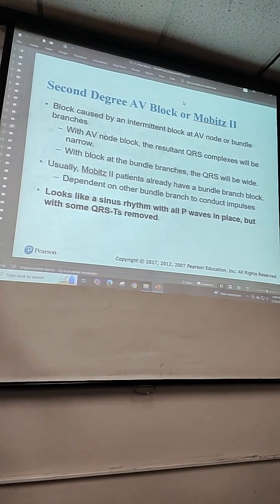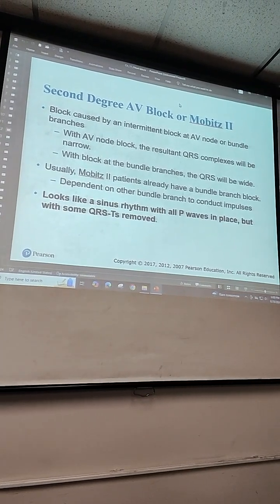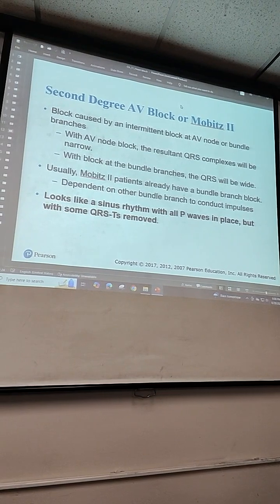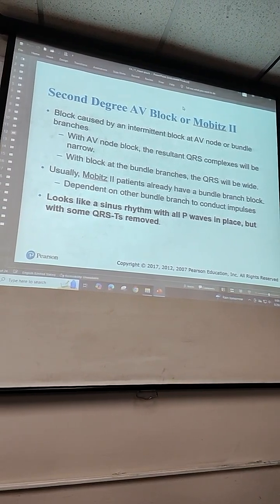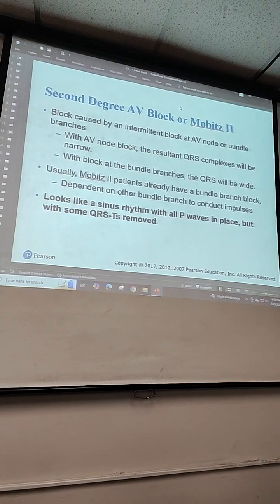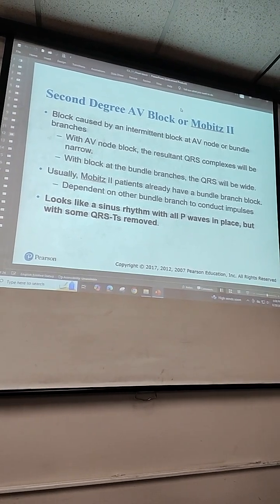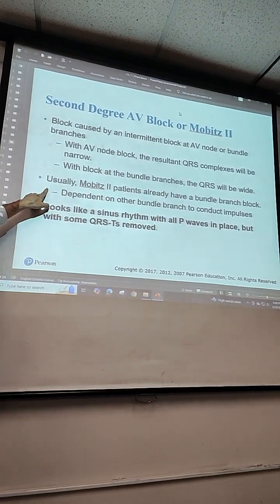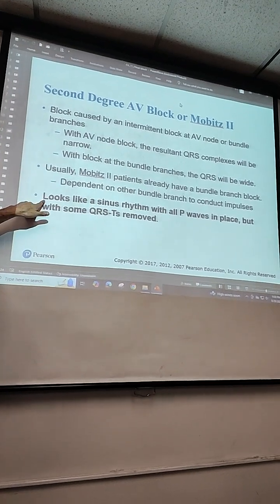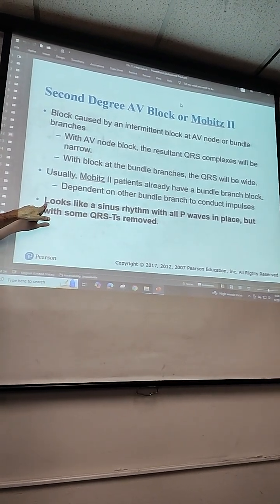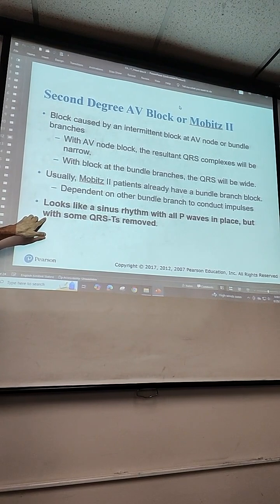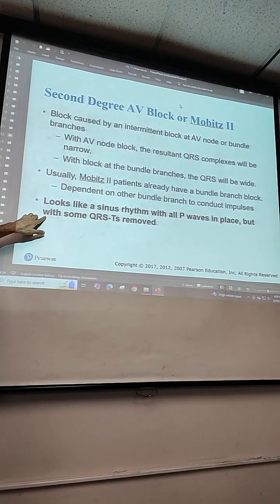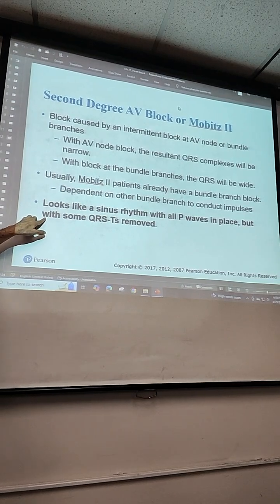Now, second degree Mobitz 2. So here we're going to see a little difference. So what happened right here? Patient already, okay, with the blocks. Looks like a sinus rhythm with all P waves in place, but with some QRS dropped.